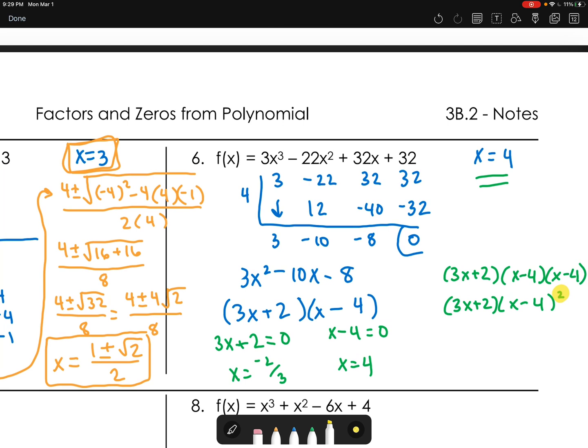What did we learn about something being squared graphically? We learned that that means there's a bounce there. And so it makes sense that there's only two zeros because that means that there's a bounce at x equals 4, okay? So these are our two zeros here, but 4 bounces at that value, okay?